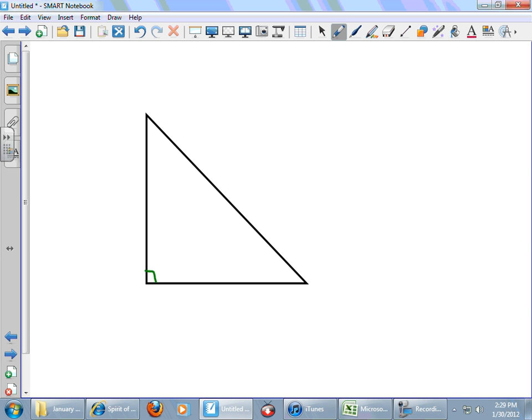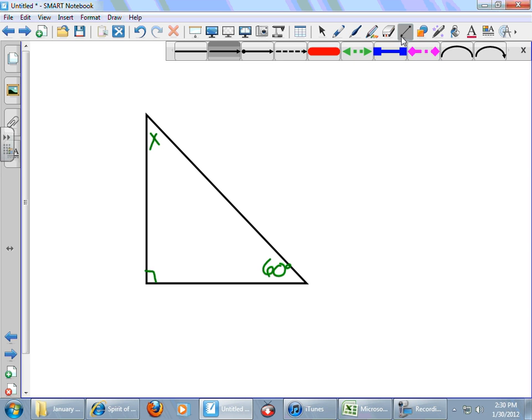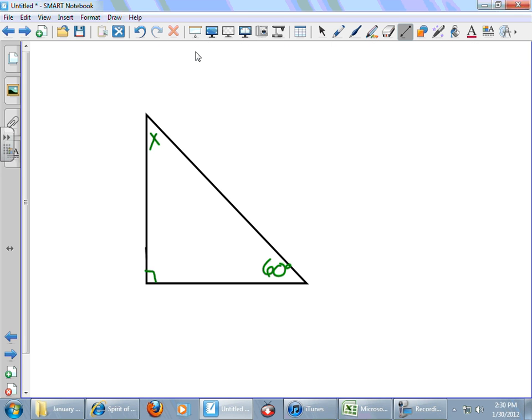And I'll tell you that this is 60 degrees, you're going to need to find x for me, and you're also going to need to find the exterior angles that I'm going to show you. You're going to have to find these exterior angles. Oh, that one's off, but I'll fix it in a moment. Okay. There we go.